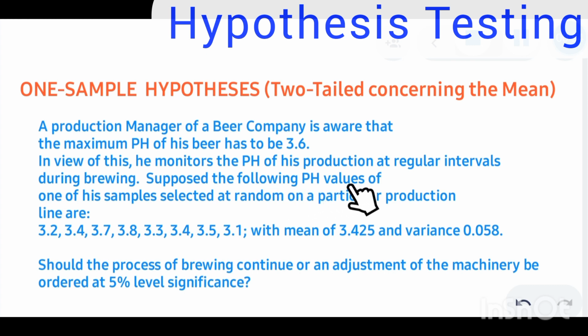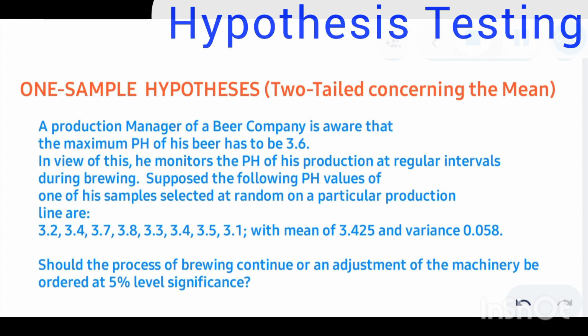Suppose the following pH values of one of his samples selected at random on a particular production line are 3.2, 3.4, 3.7, 3.8, 3.3, 3.4, 3.5, and lastly 3.1, with mean of 3.425 and variance 0.058. Should the process of brewing continue or an adjustment of the machinery be added at 5% level of significance?